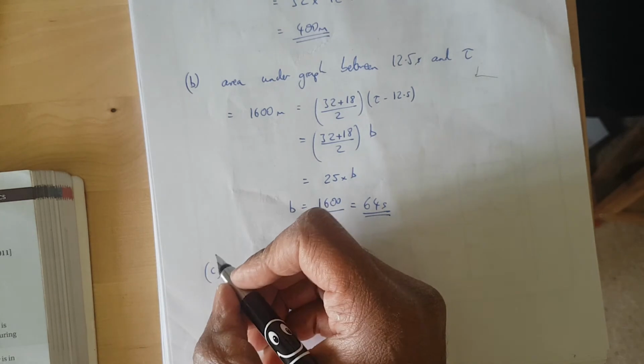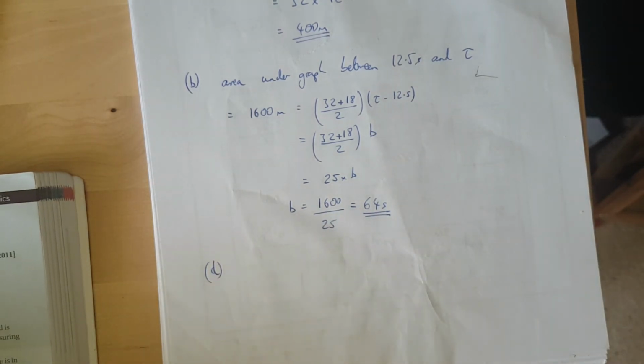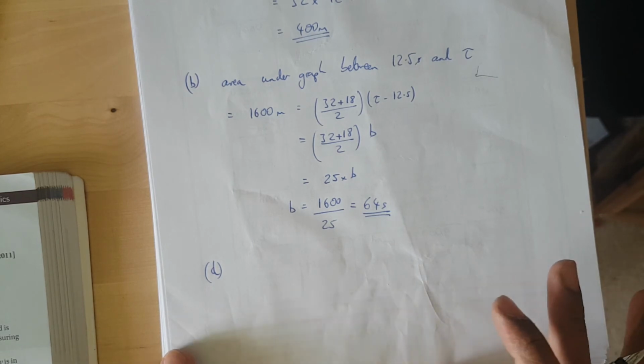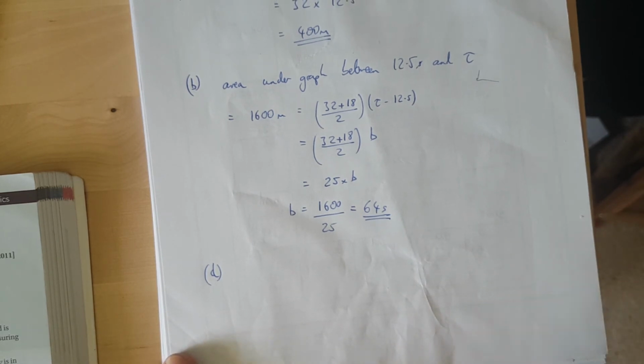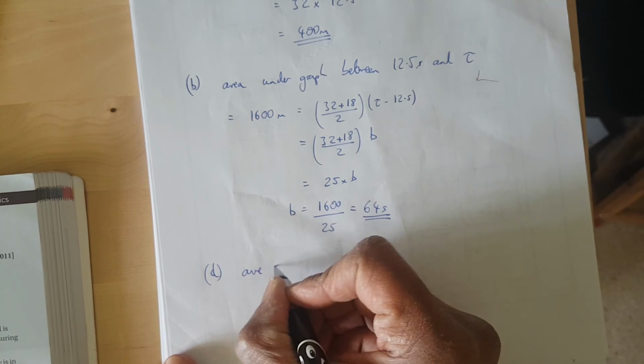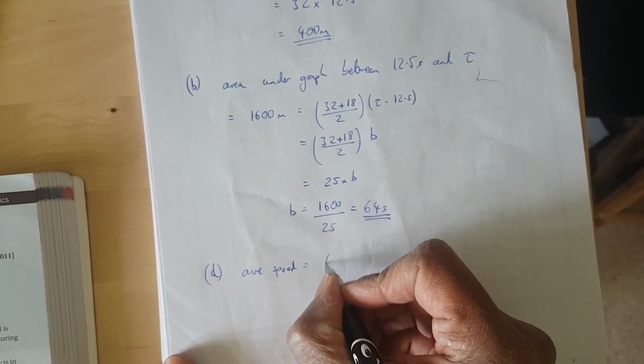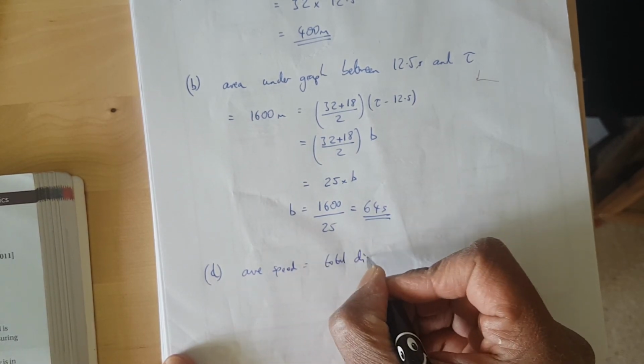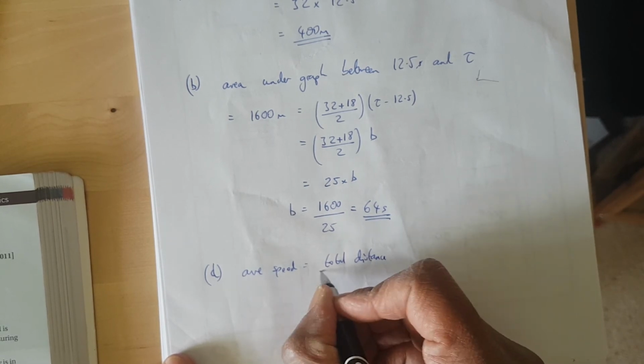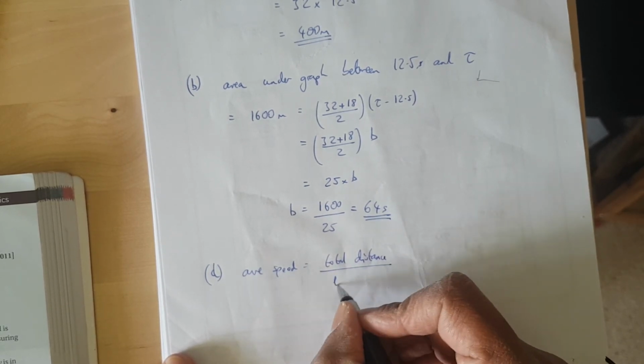And for part D then, find the average speed of the car on this 2,000 meter stretch of motorway. Well, the average speed is going to be the total distance, which we know to be 2,000 meters, over the total time.